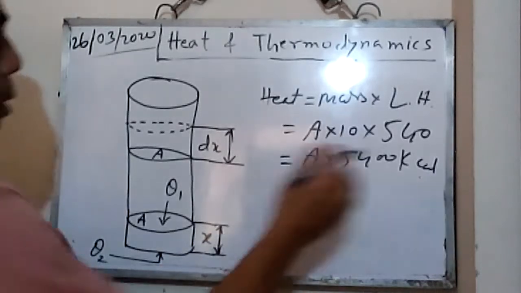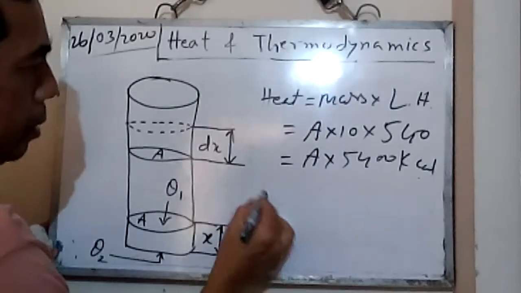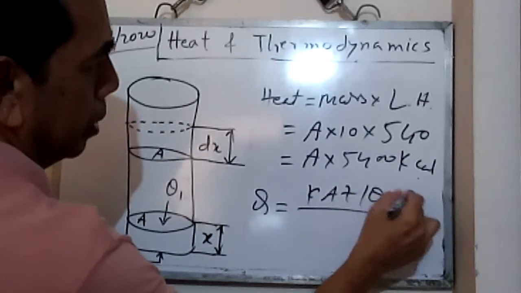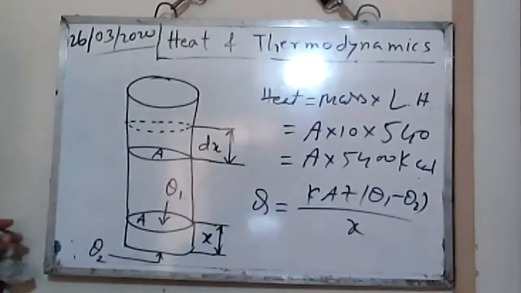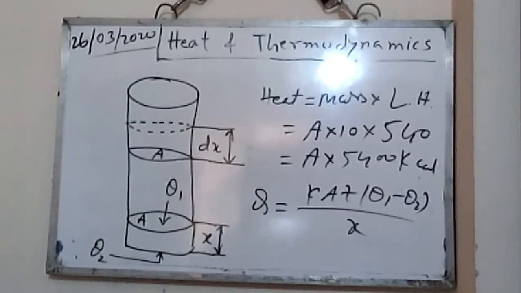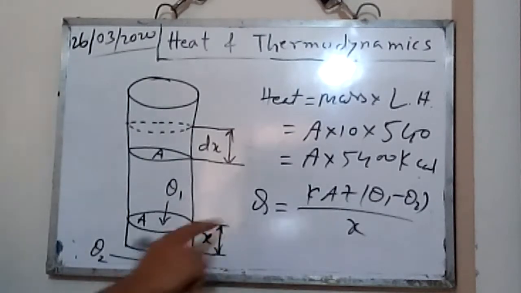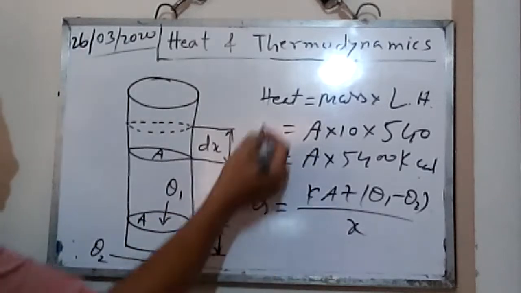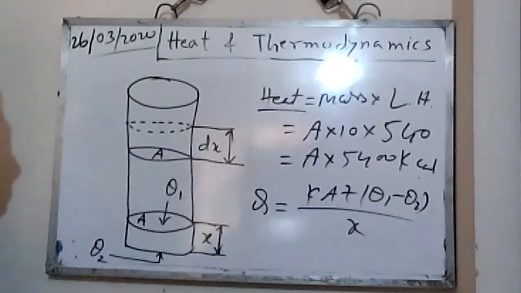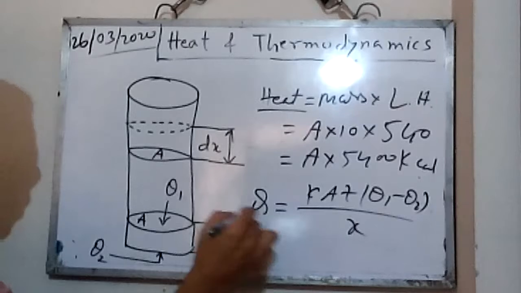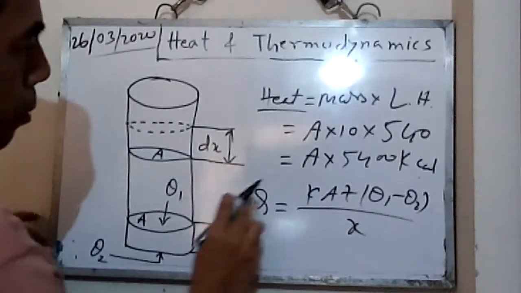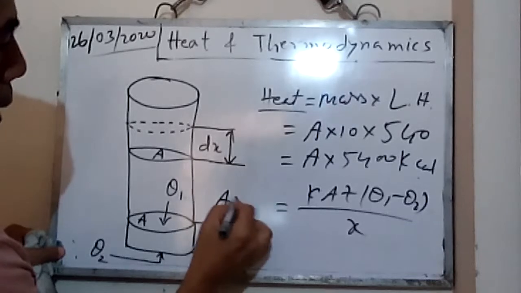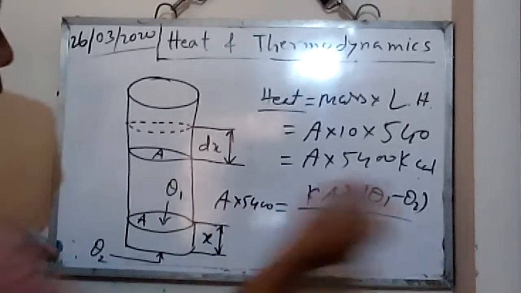Now we know the equation Q equal to KA (theta 1 minus theta 2) divided by X. Q is the amount of heat energy, and here the heat energy is actually this Q. So we can write A into F equal to this one.